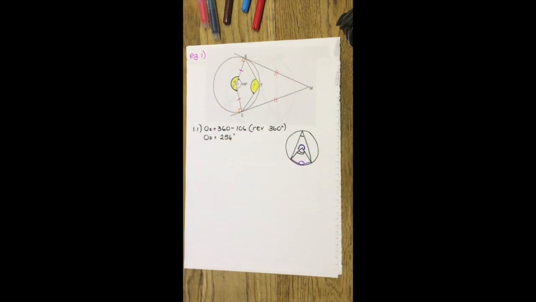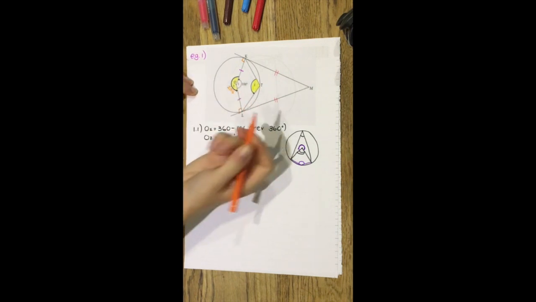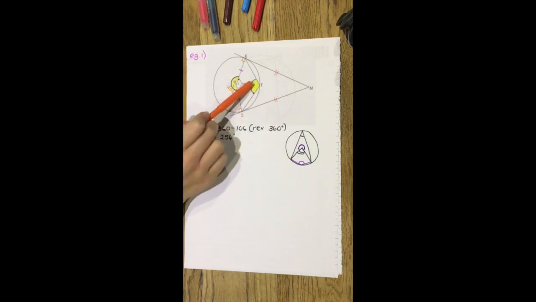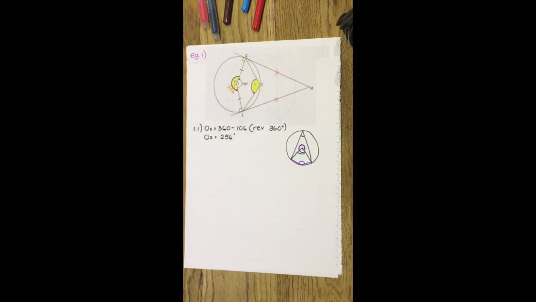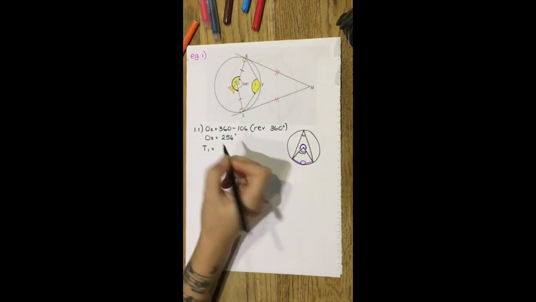As you learn things, write them in because they could help you. 254. But remember, they asked about T1. This is just me going through the process here. You know that O2 is double the size of T1 because angle at center is double the size of angle at circumference. So T1 must be half the size of that one.